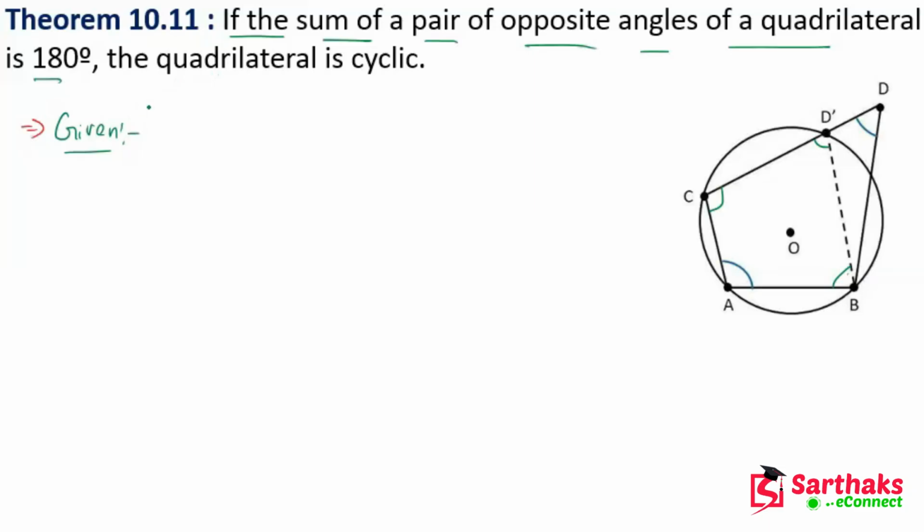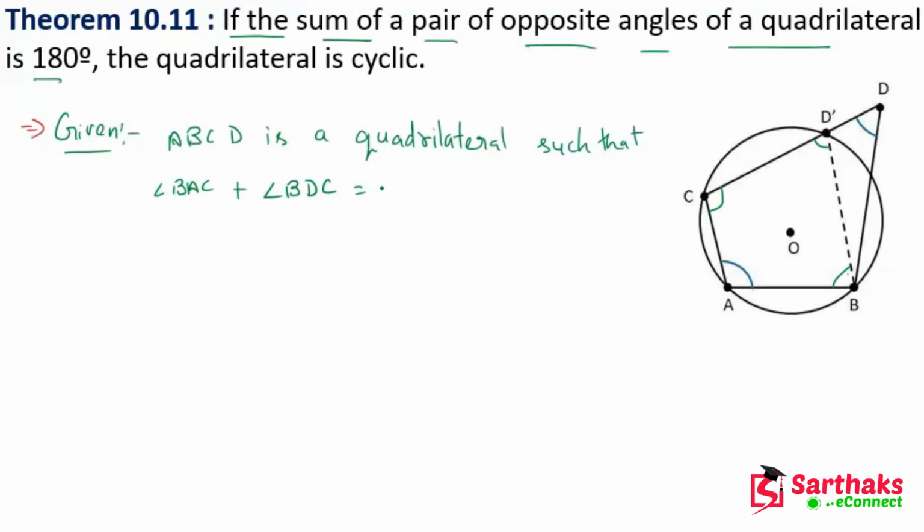First of all, we have to write the given part. We have ABCD, which is a quadrilateral, such that angle BAC plus angle BDC is equal to 180 degrees, and angle ABD plus angle DCA is equal to 180 degrees.